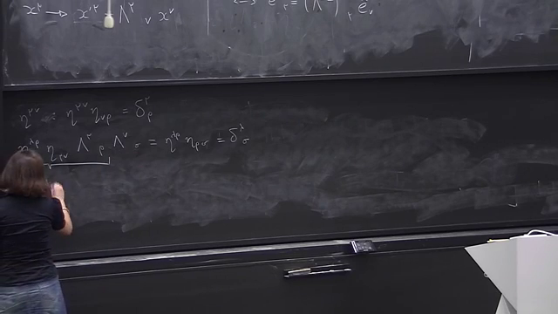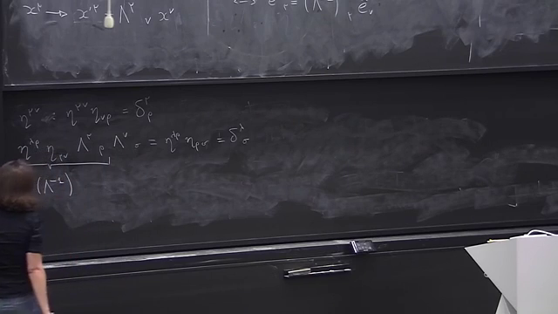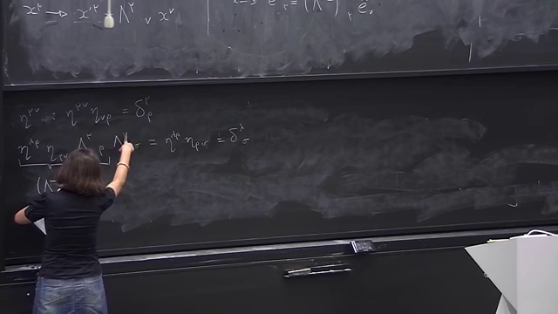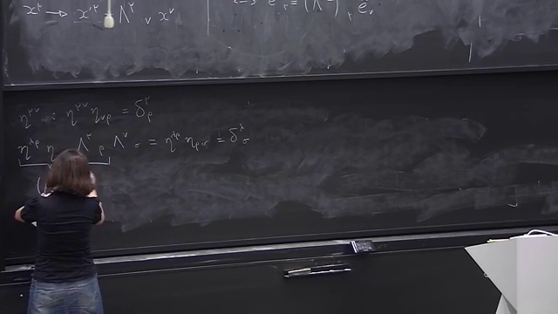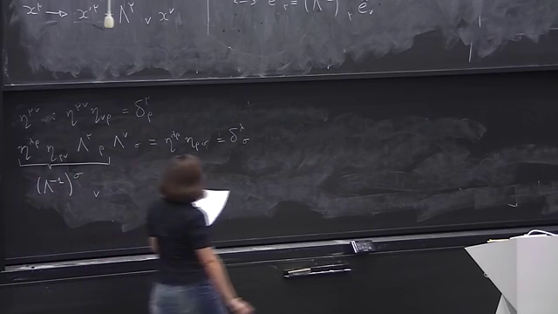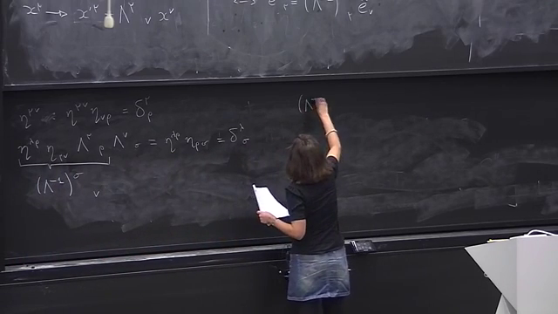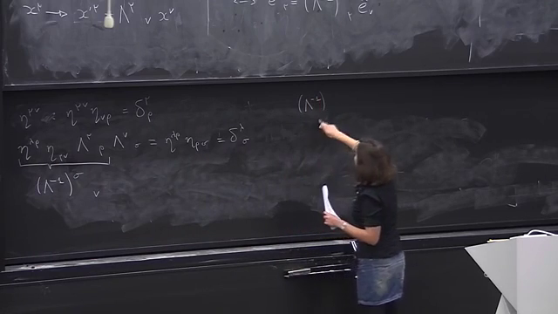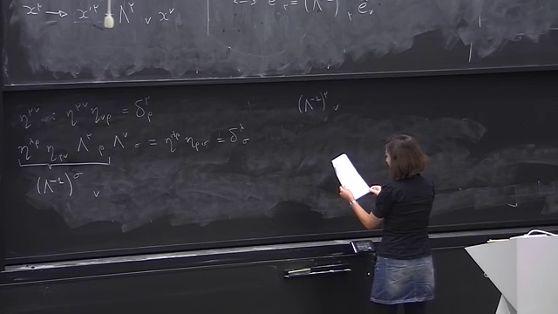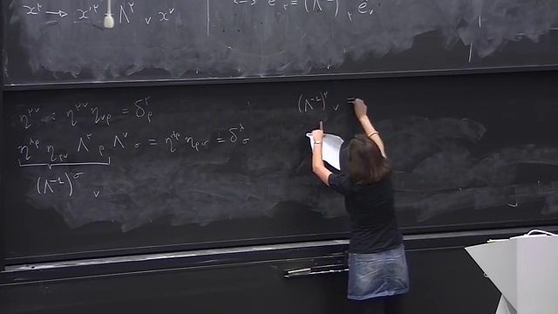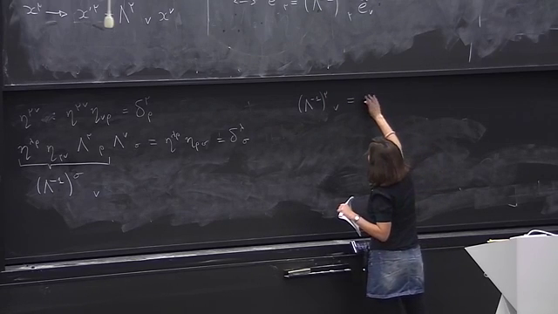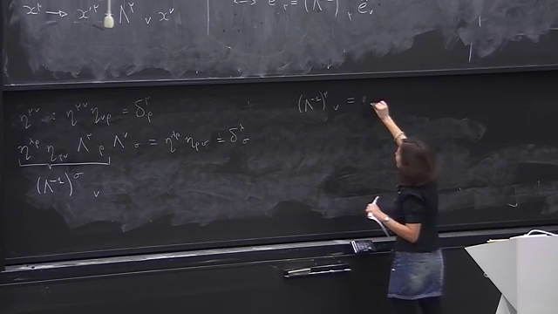This must be inverse lambda of lambda nu sigma. So this should be correct. Let me rewrite this here. So the inverse of a Lorentz matrix should be given by eta.